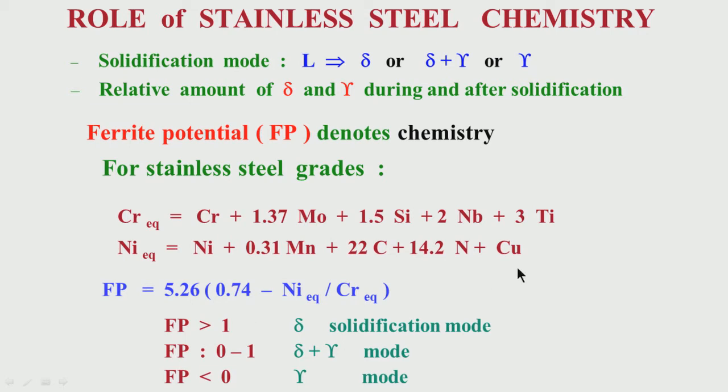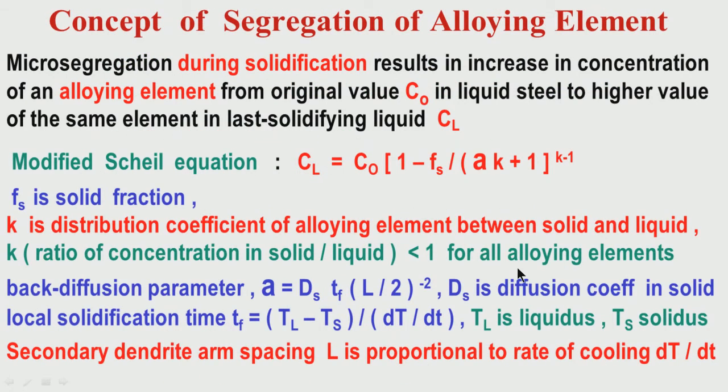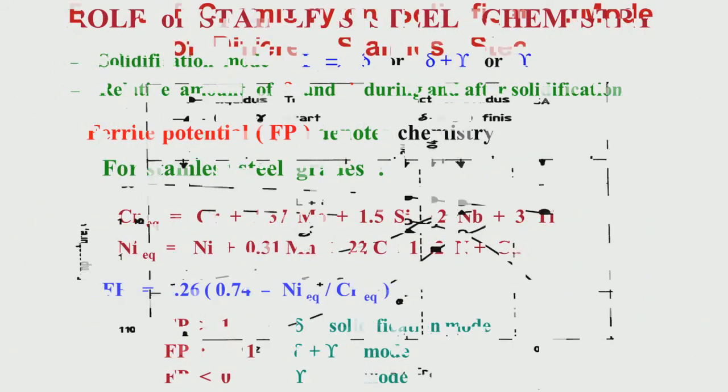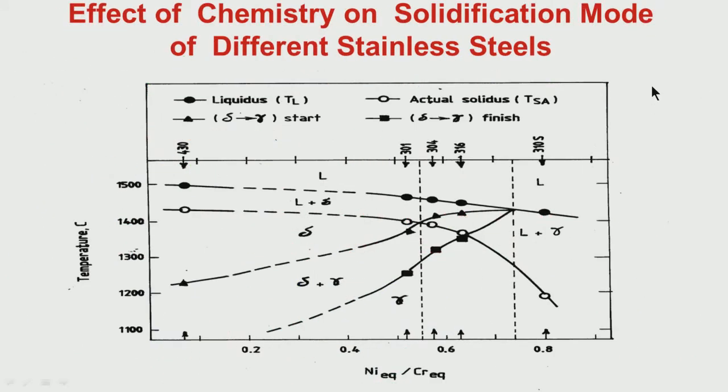Please try to remember from this figure what I have told: whenever the nickel equivalent to chromium equivalent ratio is less than 0.55, you have delta solidification. If it is more than 0.74, it has only gamma solidification.